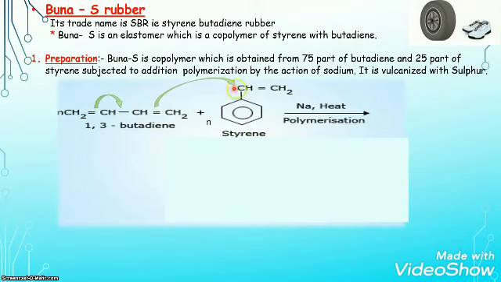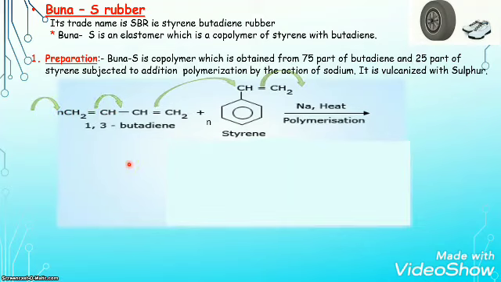As soon as this bond formation takes place, the double bond present in the styrene will break and form a bond with another 1,3 butadiene monomer. Similarly, here the 1,3 butadiene monomer will be bonded to another styrene monomer.